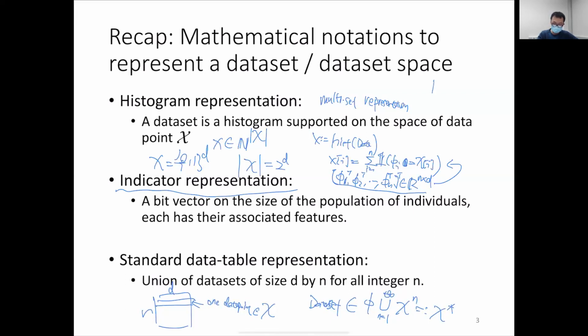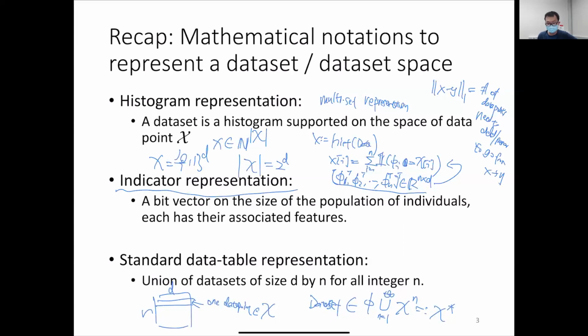So let's say we have x and y, and the one norm of x minus y is equal to the number of data points we need to add or remove to go from x to y, or vice versa, right?